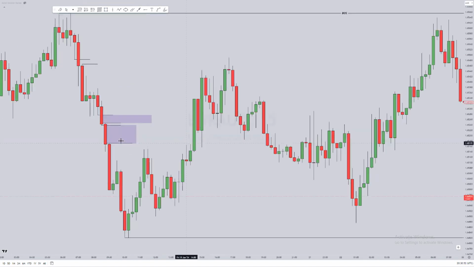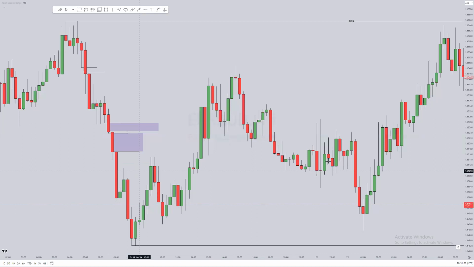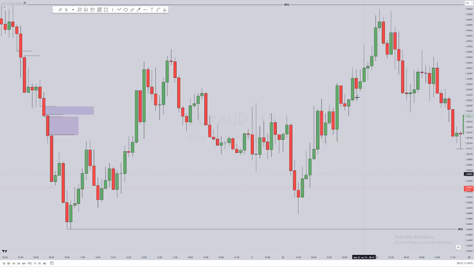Price passing through this imbalance is called what? Filling it up. Price went all the way up to fill up the only imbalance remaining here, which is this one. Price went all the way up to fill up every single imbalance sitting on this leg before price moved down. Is that clear, Victor?